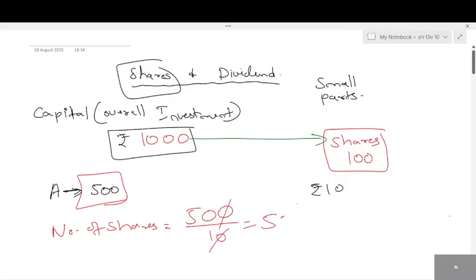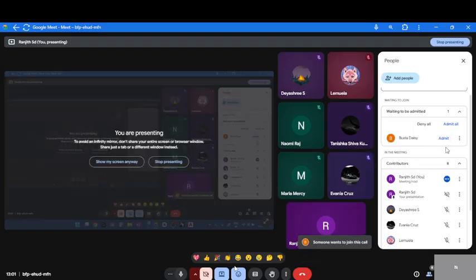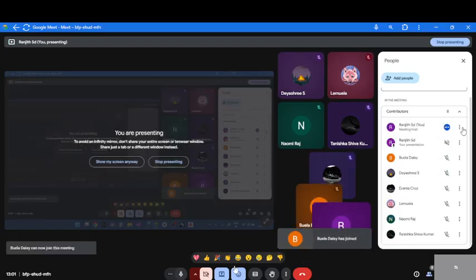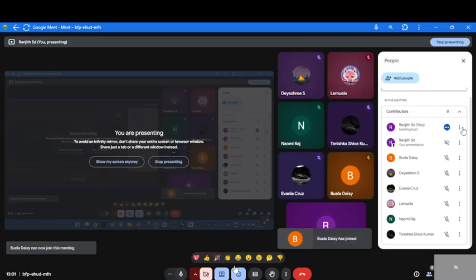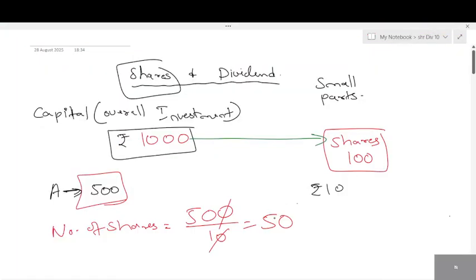How many shares does he buy? 50 shares. I mean, he has 50 shares with him.